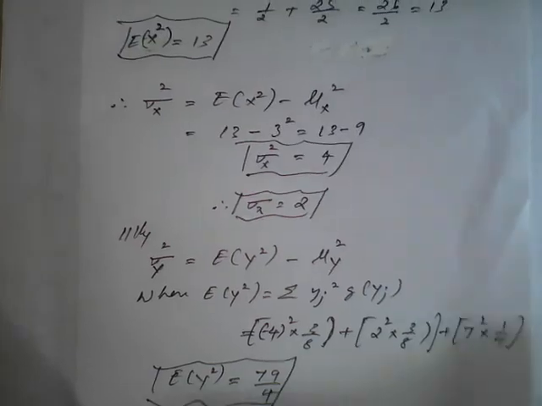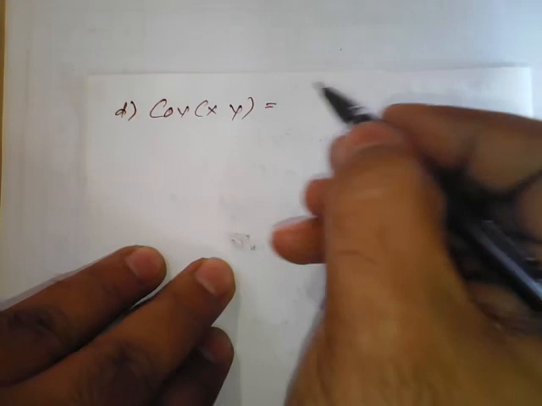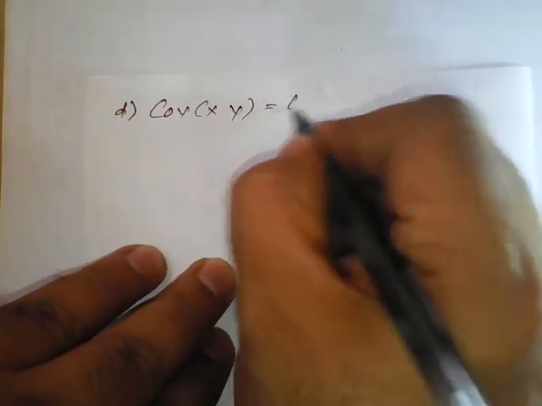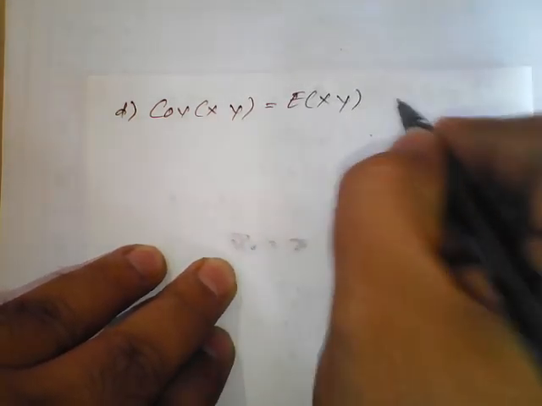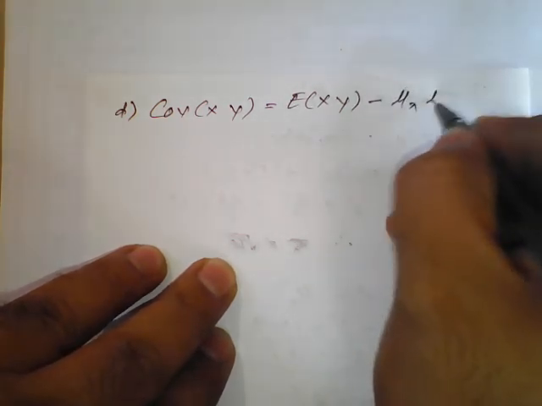Now the next case is to find the value of covariance. The covariance formula, that is D, covariance of xy is expectation of XY minus mu x into mu y.